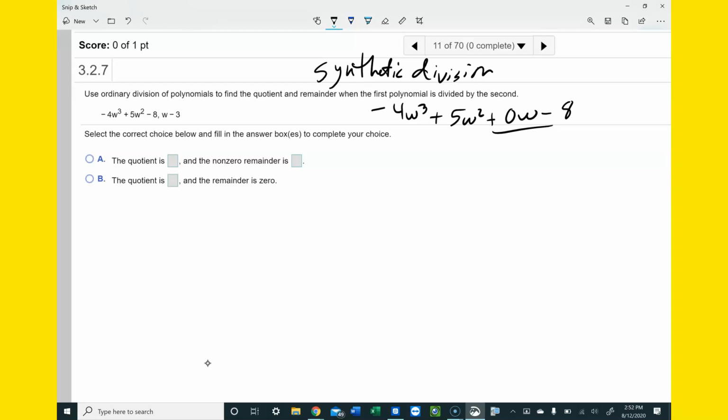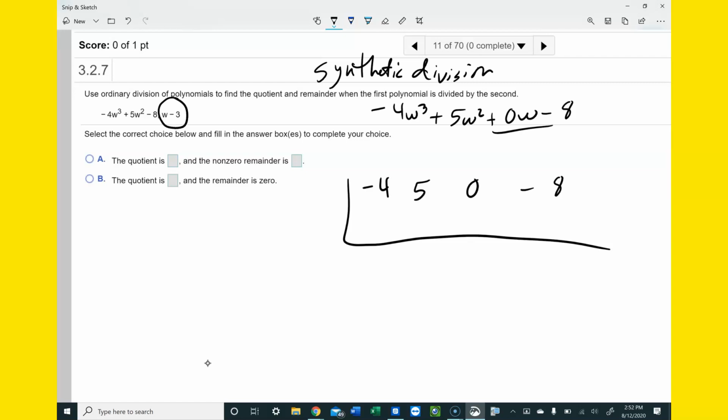So now we're going to put these coefficients inside of a box. Negative 4, 5, 0, negative 8. And I'm putting them in a box. So this 0, that's what's called a placeholder. All right, and then I take what I'm dividing by.